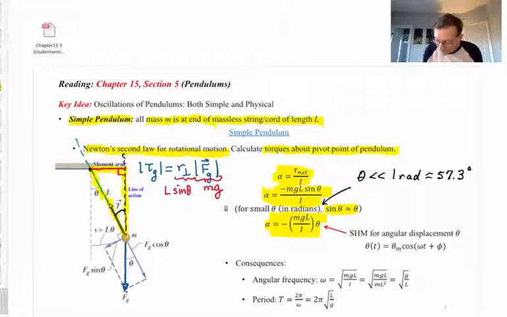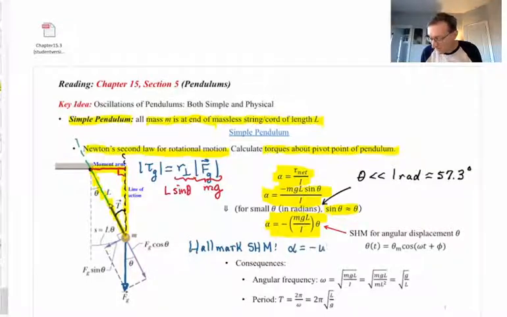This is what your textbook calls the hallmark equation for simple harmonic motion, because it has the form, at least in the rotational case, angular acceleration equals a negative constant, which is in fact the angular frequency squared, times the angular displacement from equilibrium. We need to be able to recognize that equation when it appears before us.